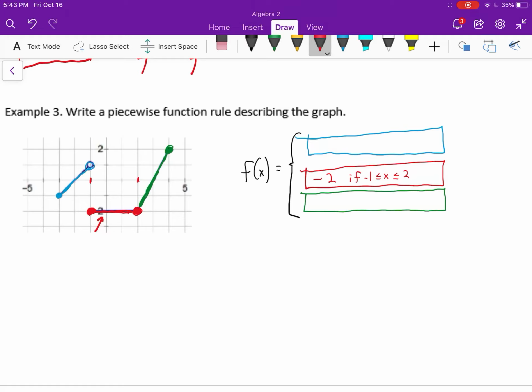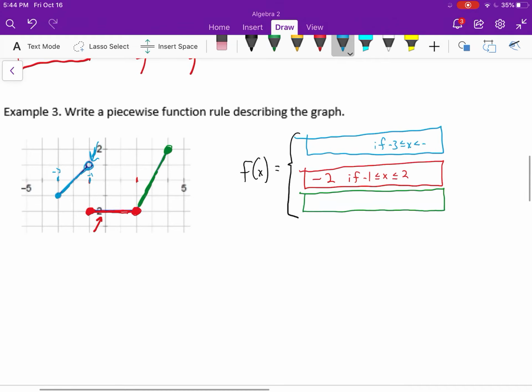Now let's go up to our blue graph here. We obviously see this as a line. And the other thing we can see is what the domain is. So we don't have to go in any certain order. We know the domain is from -3 up to -1. So we can write that right away if we're going from -3 is less than or equal to x, which is just less than, because of the open circle here, -1.